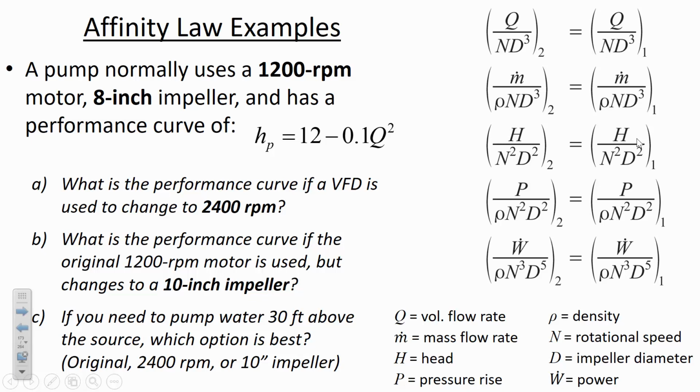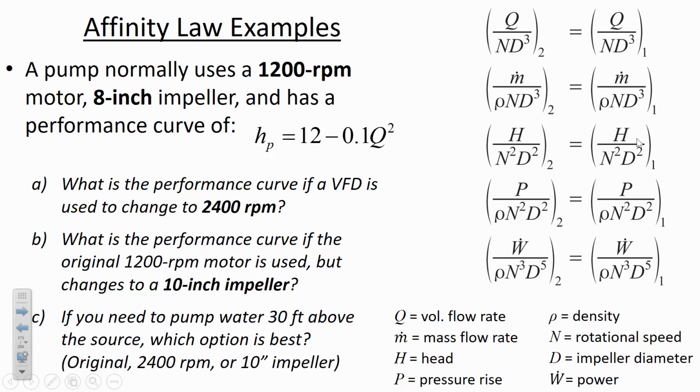Okay, we're going to use H2 N2 squared D2 squared is equal to H1 N1 squared D1 squared. Again, the diameters are equal, D1 and D2 are the same. So this simplifies to H2 divided by N2 squared is equal to H1 divided by N1 squared.